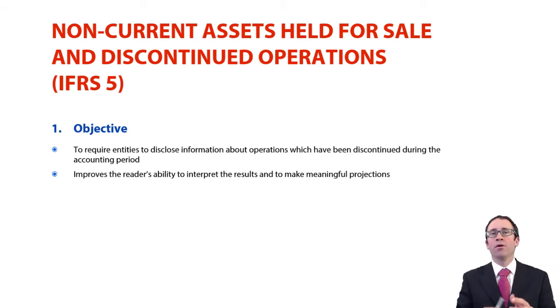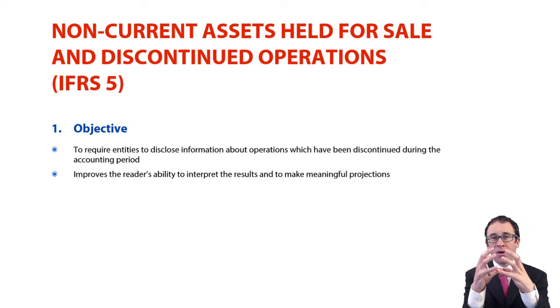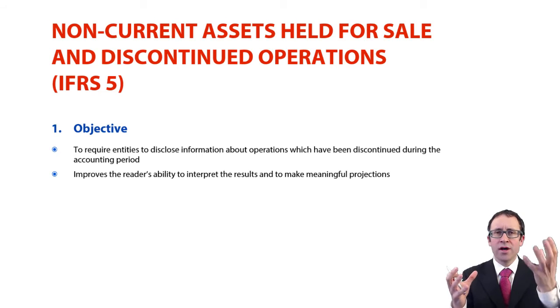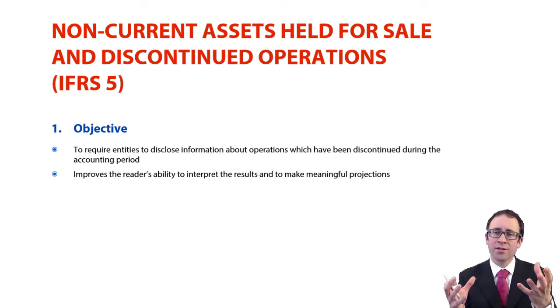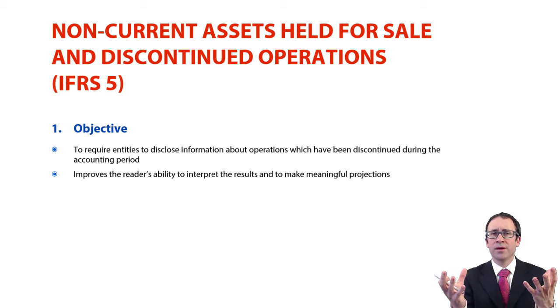And I think that's the important thing to think about, that this is one standard, but it's effectively got 2 aspects to it. The first aspect that we'll look at shortly is the non-current asset held for sale, and then there is this separate, although closely linked, idea of a discontinued operation.